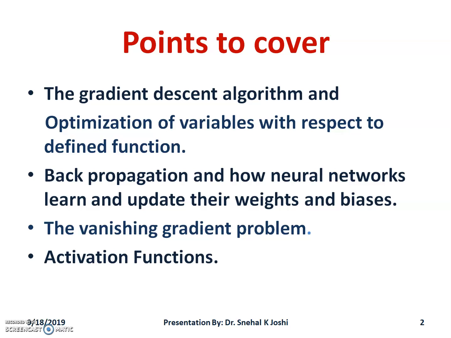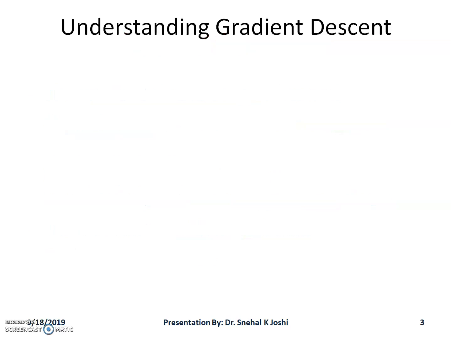Second is what backpropagation is and how a neural network learns and updates its weights and biases. A third aspect is the concept of the vanishing gradient problem. And finally, we will cover the activation function.